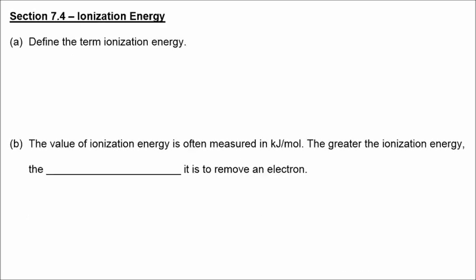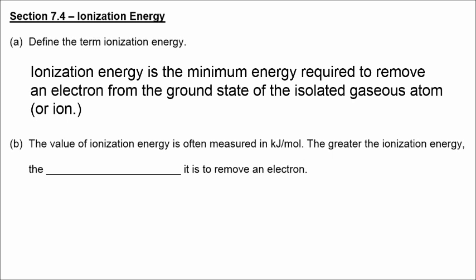In section 7.4, ionization energy, we define the term as the energy required to remove an electron from the ground state of a particular atom, and it's typically done in the gaseous state. The value of ionization energy is often measured in kilojoules per mole.